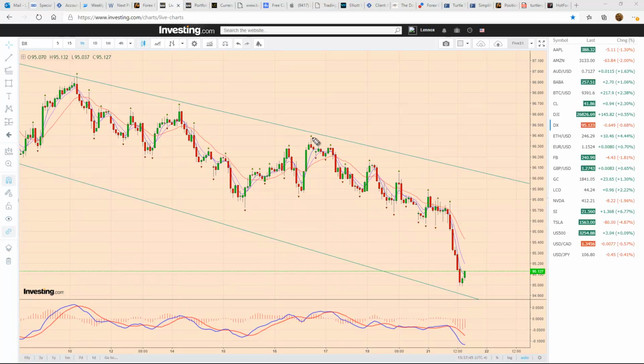And again, I marked out this 1, 2, 3 top. The entire thing becomes a 1, 2, 3 top at that point. And then we had another 1, 2, 3 top, yet another one, and even the smaller one before we finally got that drop. So, you know, they're trying to fake everybody out to go along. The market makers are, but the whole premise is for this to fall.